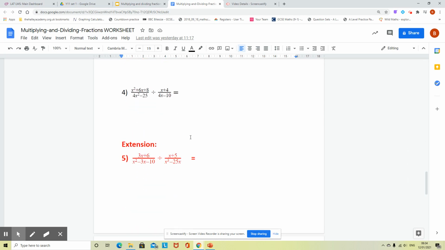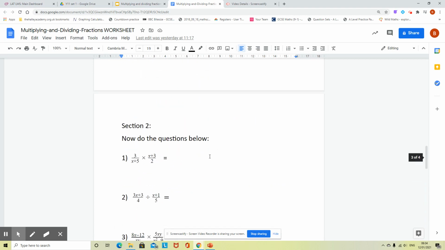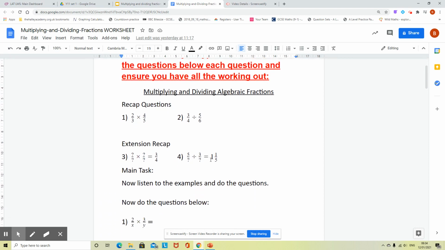The extension questions are provided at the end of the worksheet. It is very important that you complete it and attach the completed worksheet to Google Classroom. As usual, if you have any questions, please let me know.